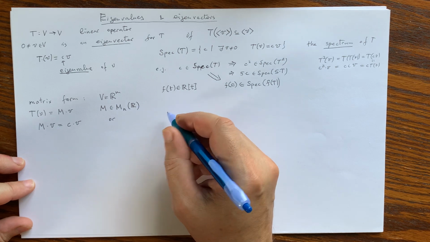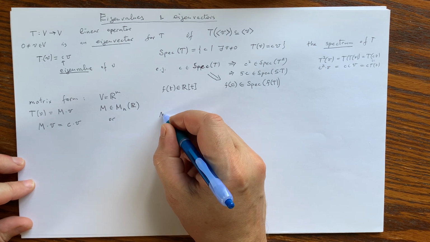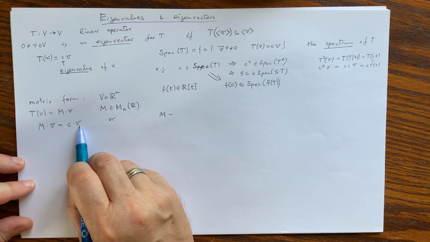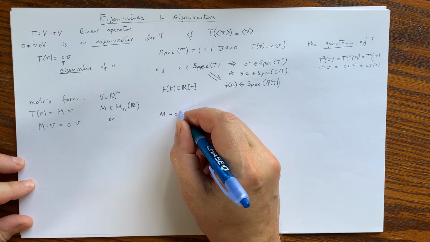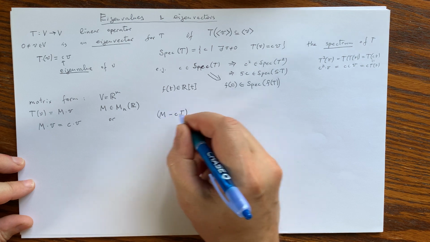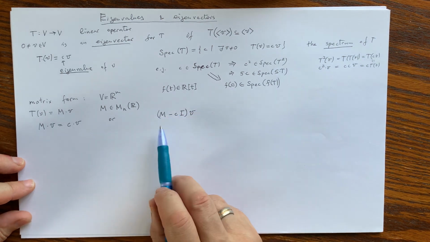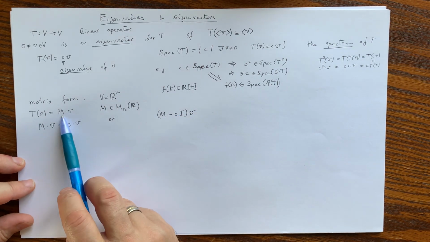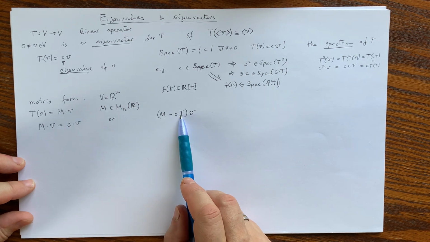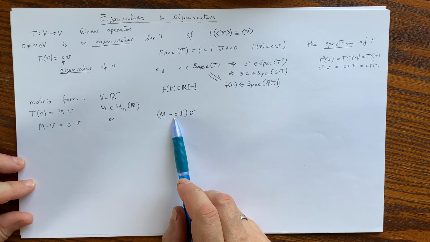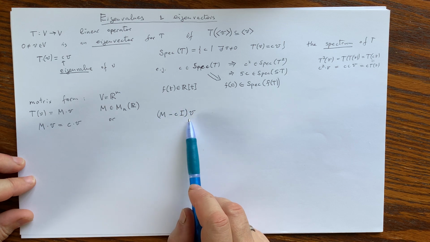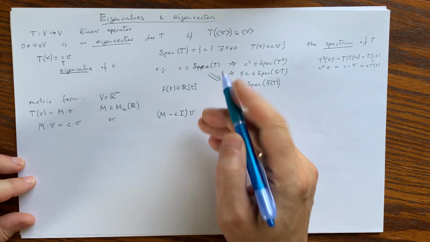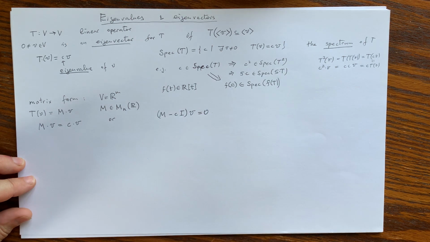Alternatively, we can write this equation as a homogeneous equation if we just take the right-hand side and subtract it from the left and use matrix multiplication properties. We can write it like that: matrix M, our operator matrix, minus the identity matrix times that eigenvalue number c, as a square matrix multiplied with vector v gives us 0.